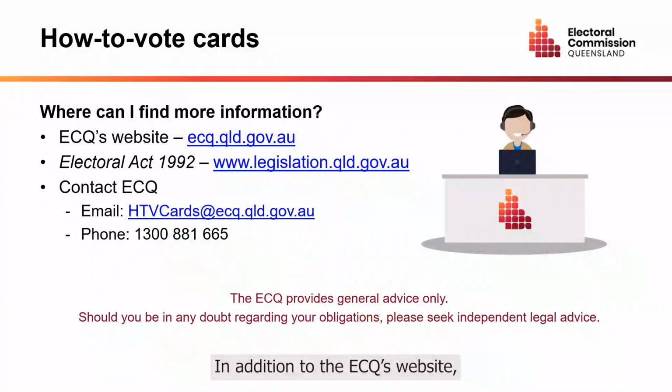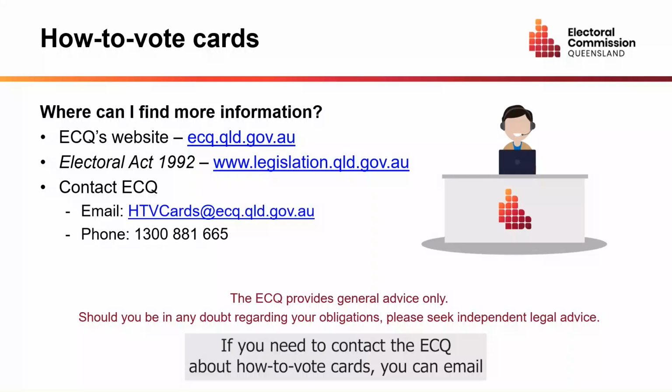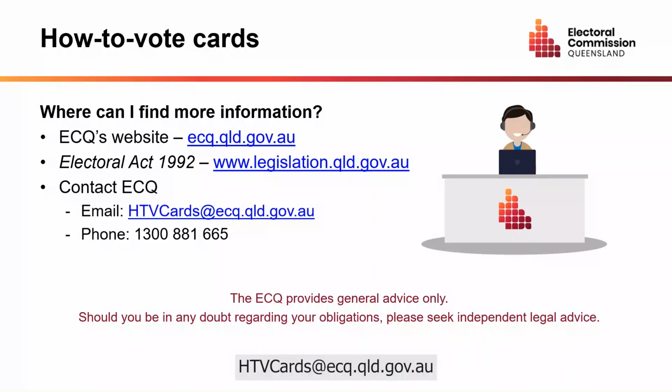In addition to the ECQ's website, you can also review the Electoral Act 1992 yourself. If you need to contact the ECQ about how to vote cards, you can email htvcards@ecq.qld.gov.au or call our general line on 1300 881 665.